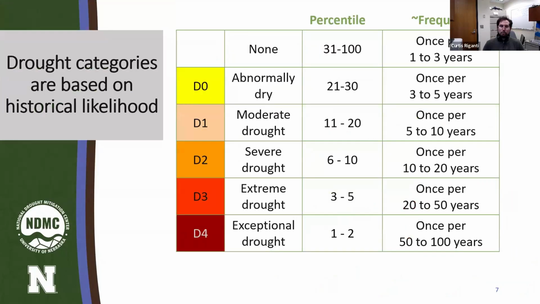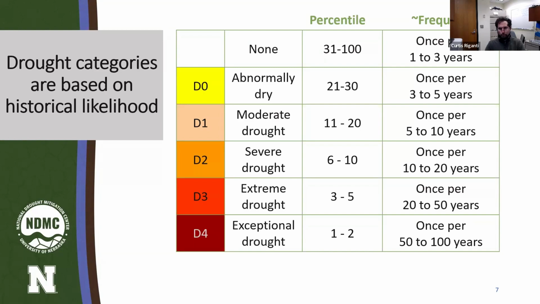So we're going to get into what the different color-coded categories mean on the map now. Again, we have 5 different names ranging from abnormal dryness, or D0, all the way down to exceptional drought, or D4. There are 2 ways statistically to think about what these mean. First is drought rarity.